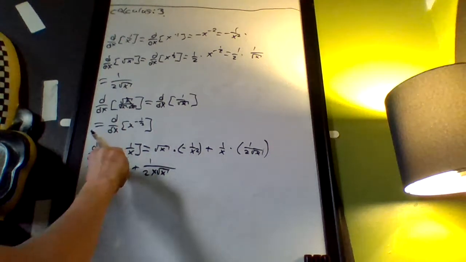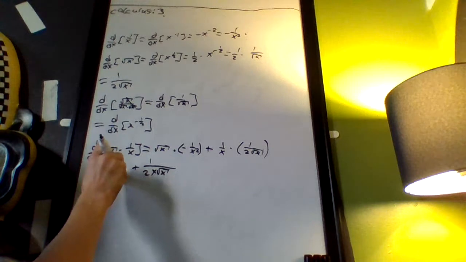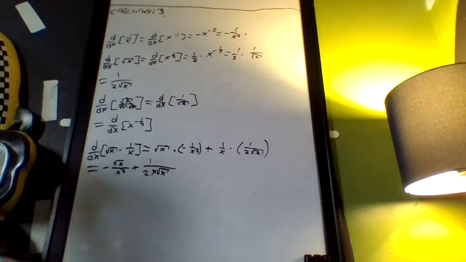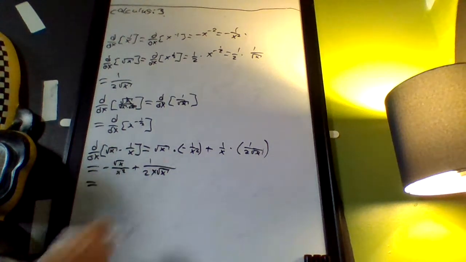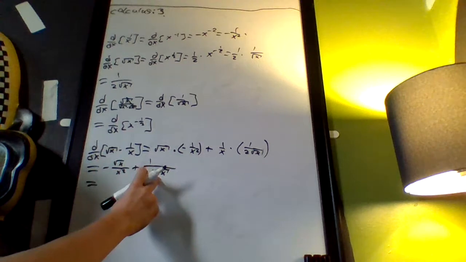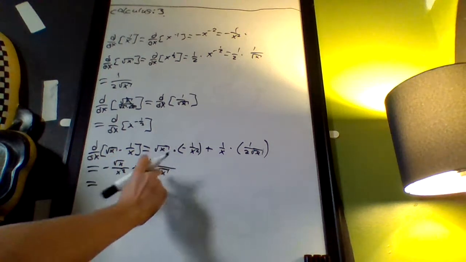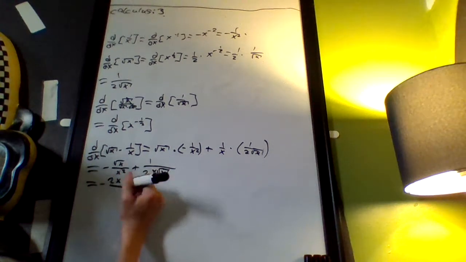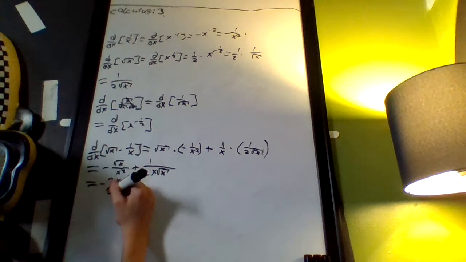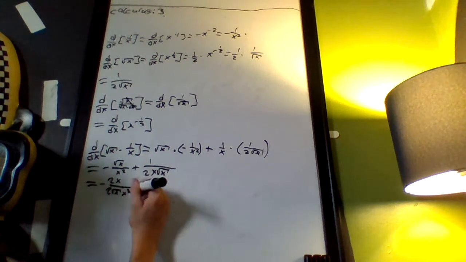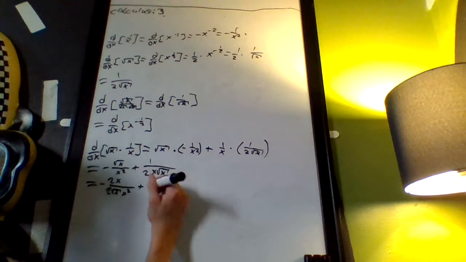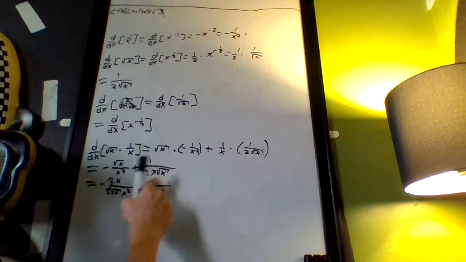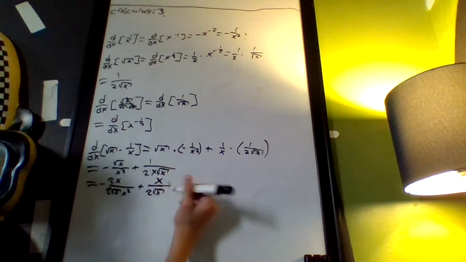You can then rewrite x squared as square root. You know what? Let's leave it as x squared on the bottom. Now you can multiply this by 2 and this by x, or this by 2 rad x and this by x. So you get negative 2x on 2 rad x times x squared plus 1 on 2 rad x, multiplying it by x on top and bottom.